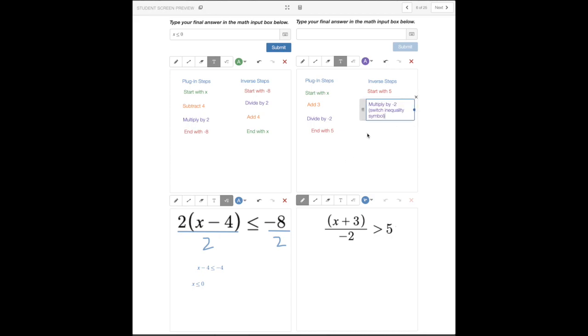Okay, then I need to undo this one, so that means subtract 3. I'm going to change that to orange just to match. And then lastly, I undo this: start with x, and that is end with x.